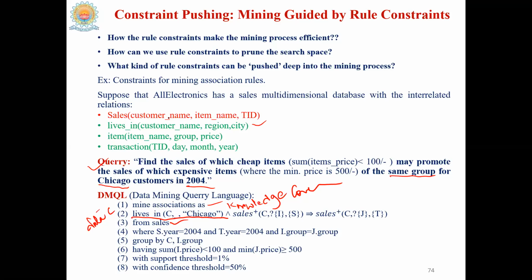We want the customer name to execute this query expression, and the city, given Chicago. Coming to the next table, we want the transaction name and item name. Are group and price required or not, from the second table?